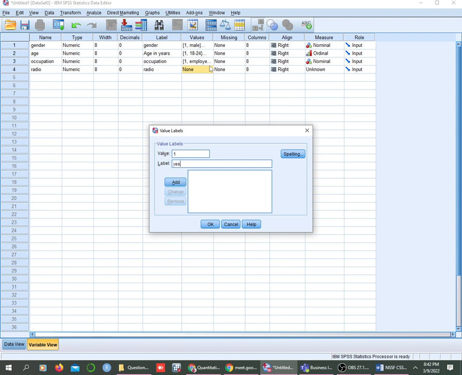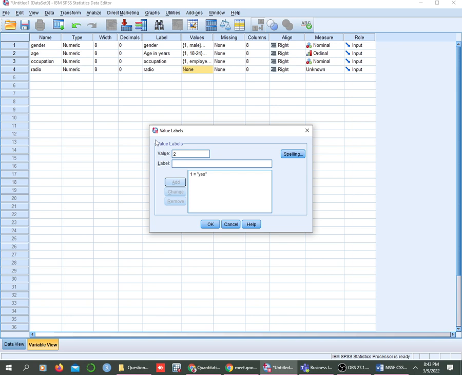So that means if somebody checks radio, they're saying yes. And then let me use two, though at a later stage we'll have a discussion about what it means when we use two and when we use zero. Are we talking about a dummy?